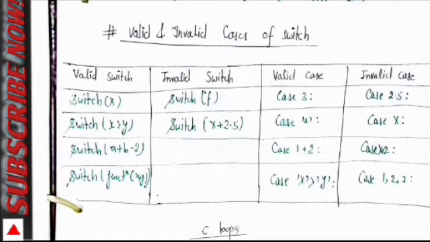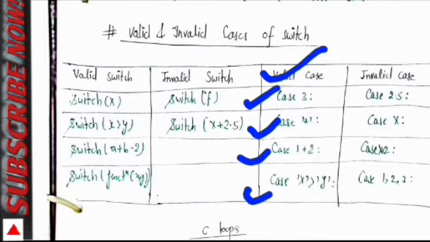Now come to the valid cases. Valid cases are like case 3, case 'A', case 1 + 2, and case (X > Y). And invalid cases are like case 2.5, case X + 2, and case 1, 2, 3.